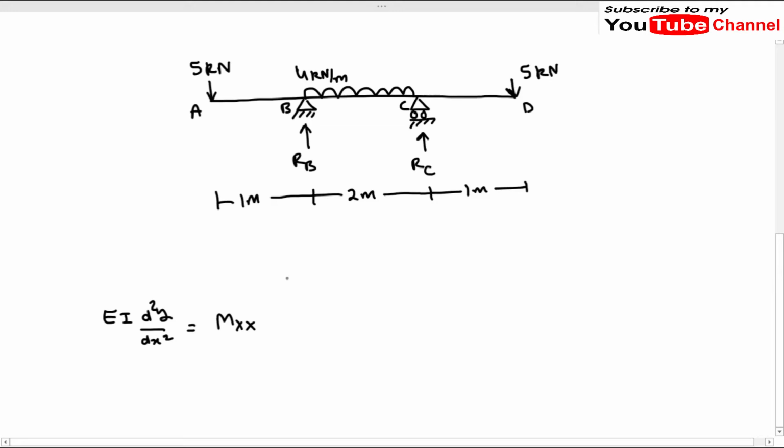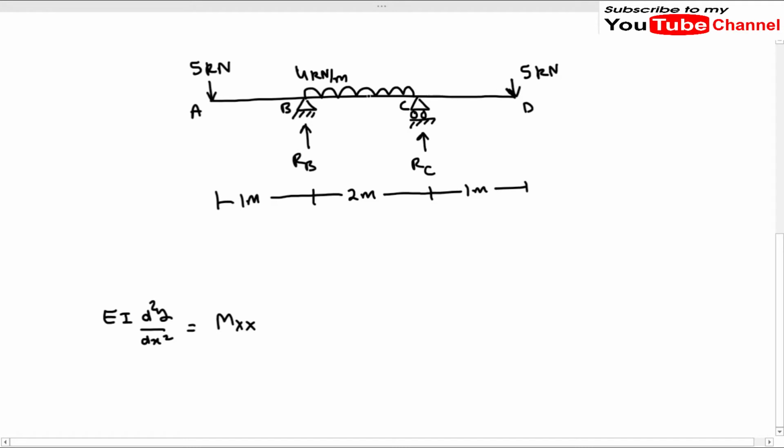Now in this problem we have a UDL in this segment BC, and we can see that this UDL is not continuous over the whole span of the beam. As I told you in our previous video, in Macaulay's method and in the case of a UDL, we have to make the UDL continuous from the point of starting of the UDL up to the end of the beam.